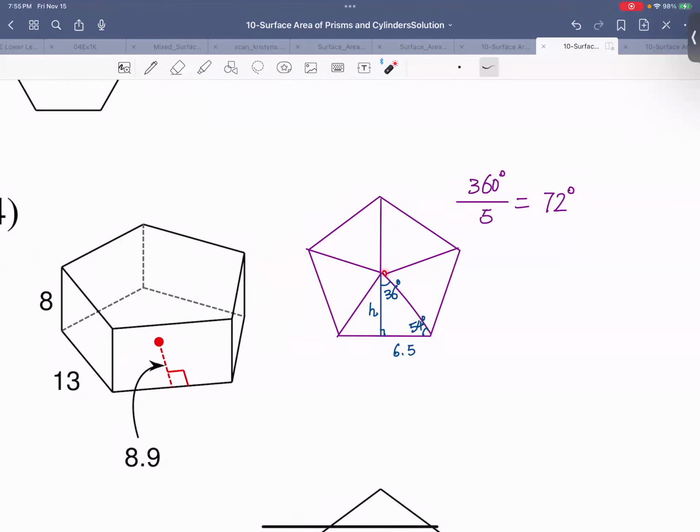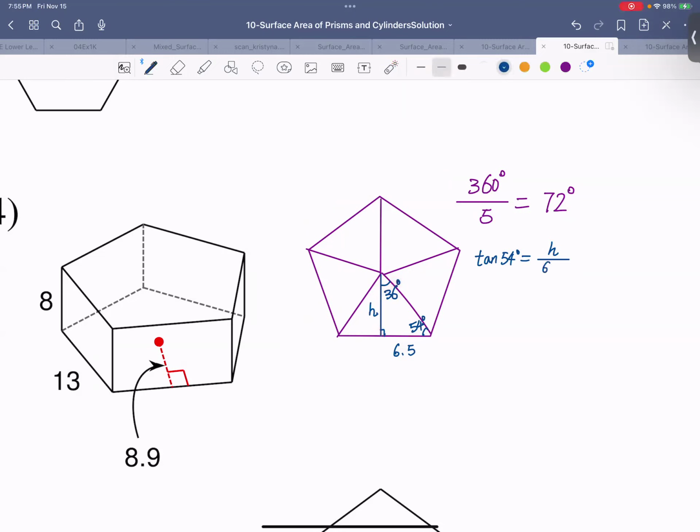Very good. So we can solve that guy by using, you want to use tangent or sine or cosine? We can use tangent. Good. Go. Tangent of 54 degrees equals H over 6.5, right?